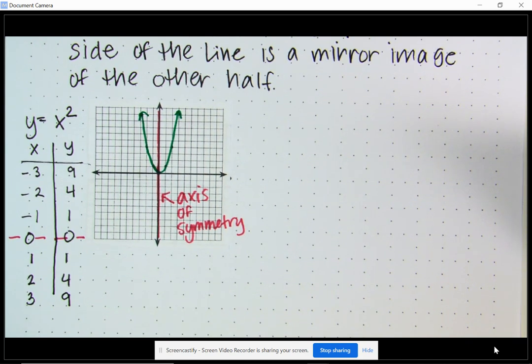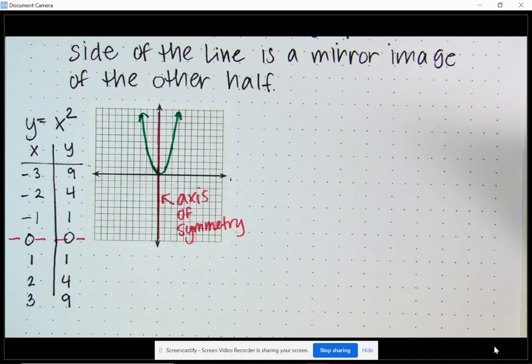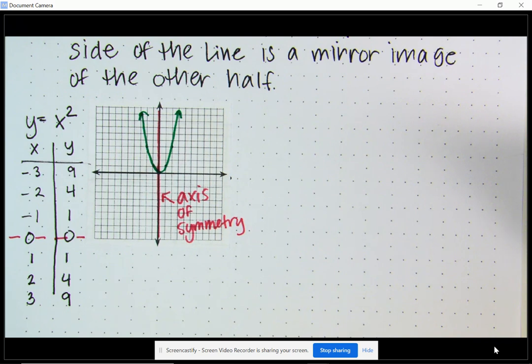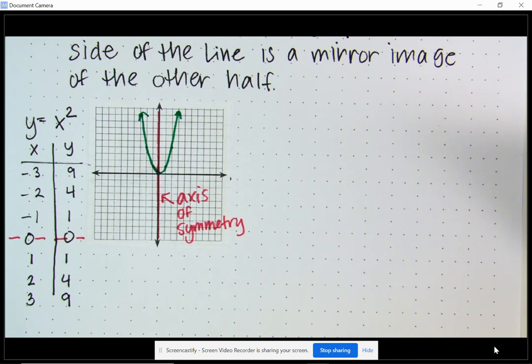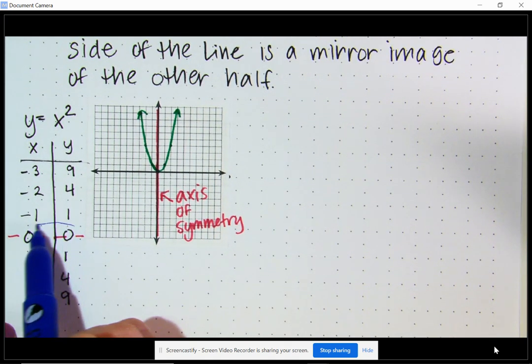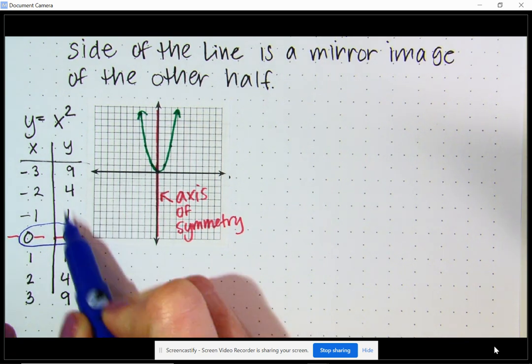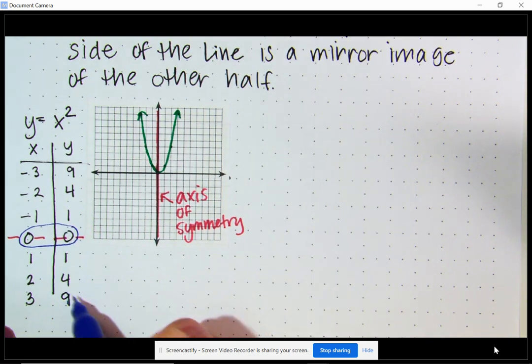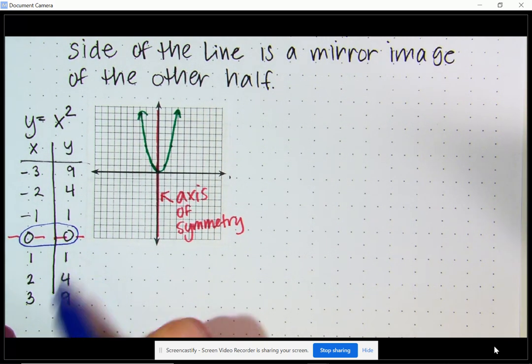Now, the way that you would write the axis of symmetry is we identify it using the x coordinate of the vertex. The vertex is the point where the axis of symmetry begins. So, for example, on our table, since this is where my points start to mirror each other, 0, 0 would be my vertex.